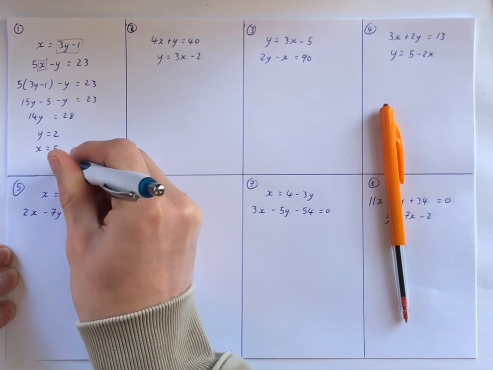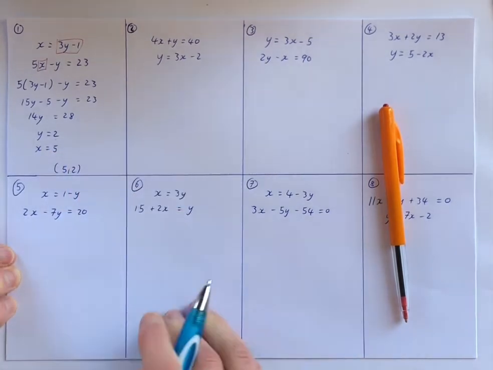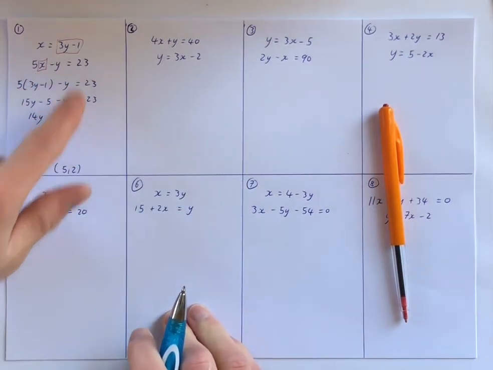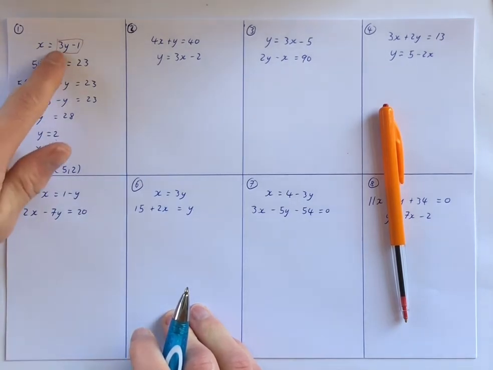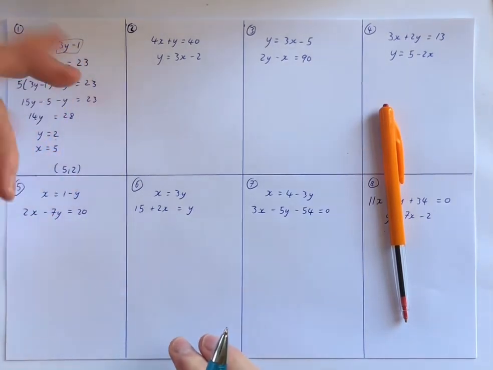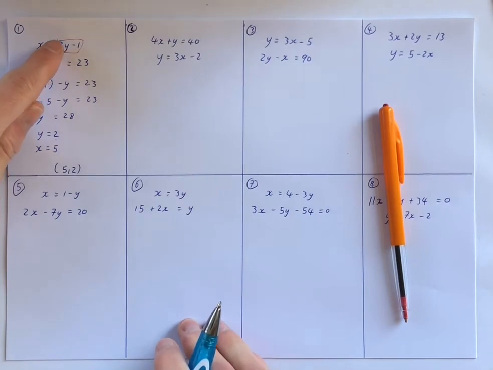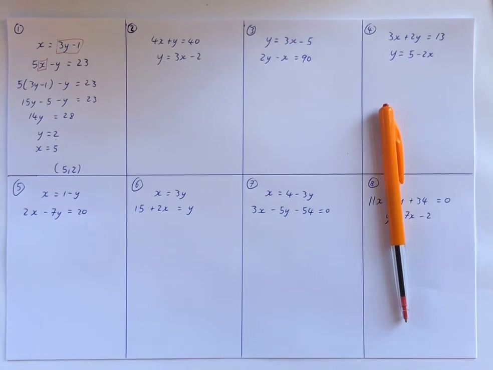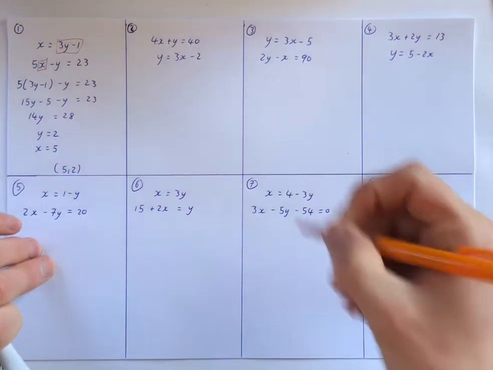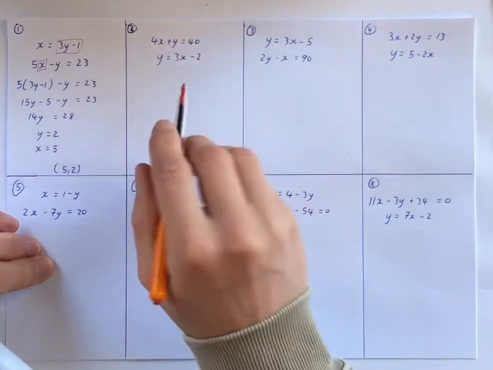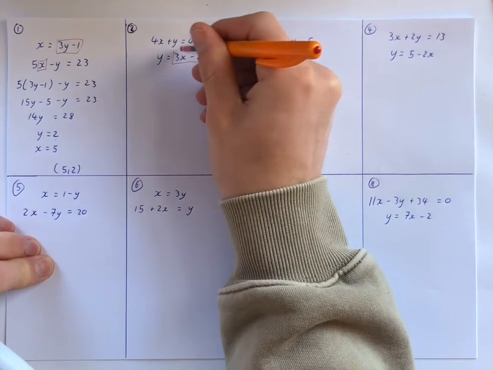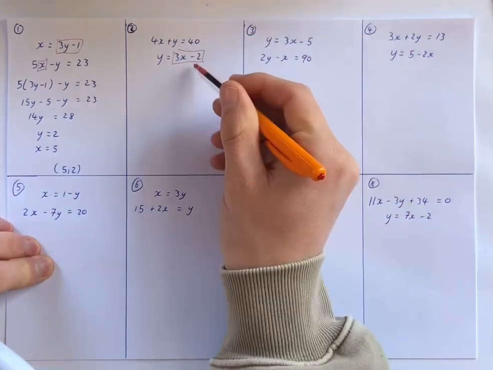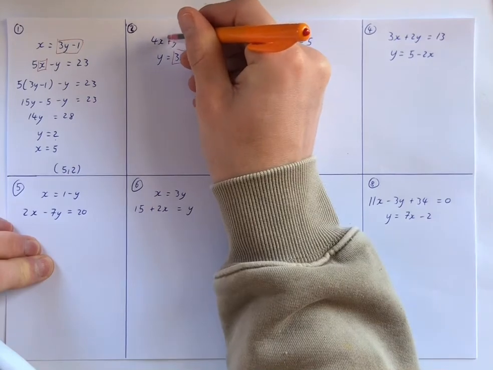The point of intersection between these two straight lines is 5, 2. And you could be checking all of these by just typing them into Desmos and clicking on the point of intersection.